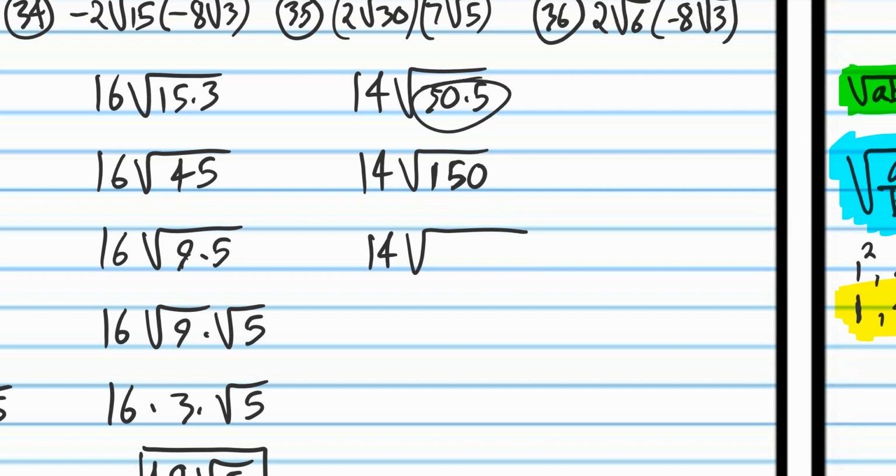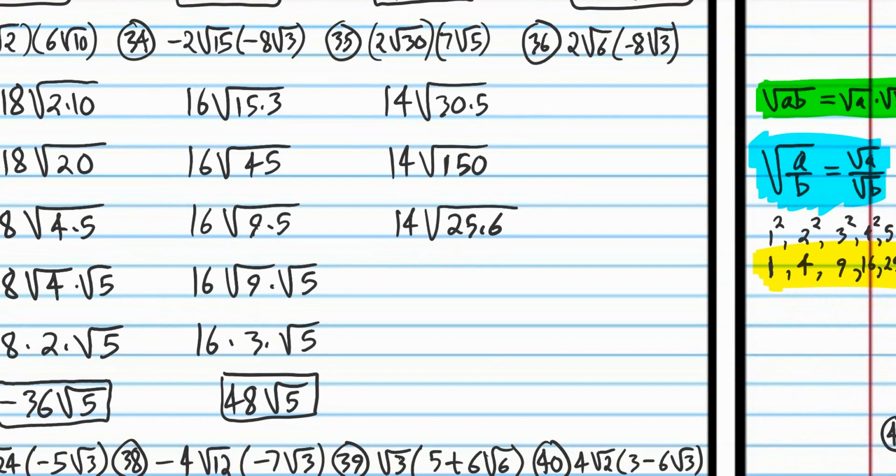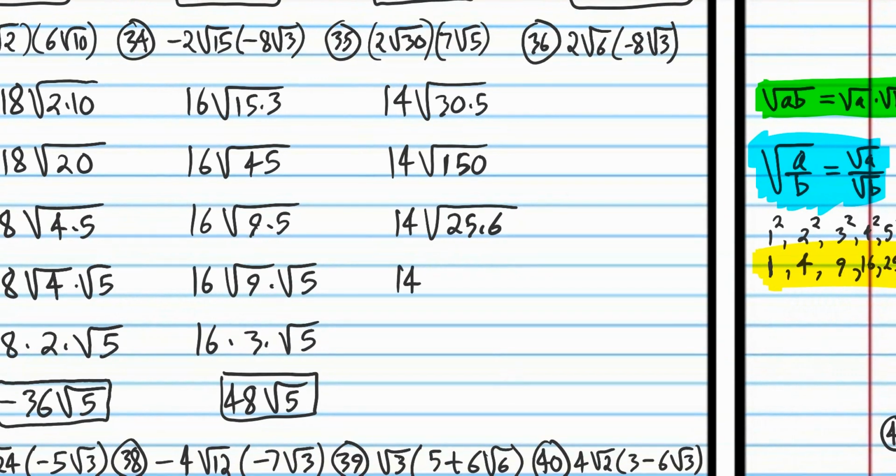It's easier to factor from here. But I do know that 25 times 6 is 150. So that saves me because I know 25 is a perfect square. And the square root of 25 is 5.